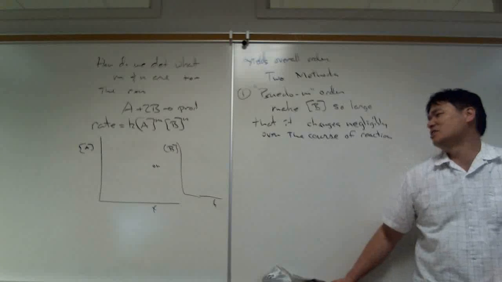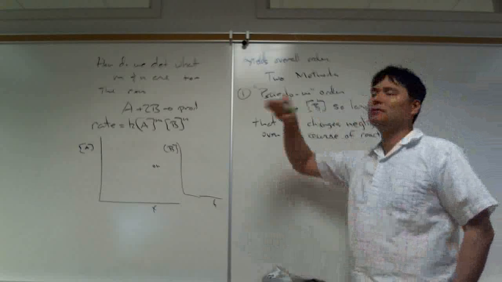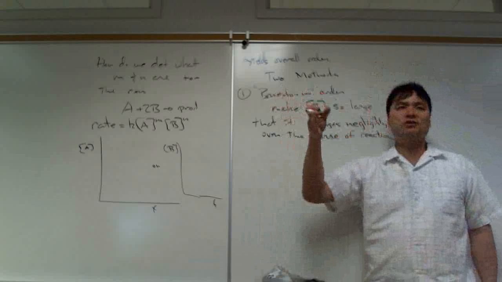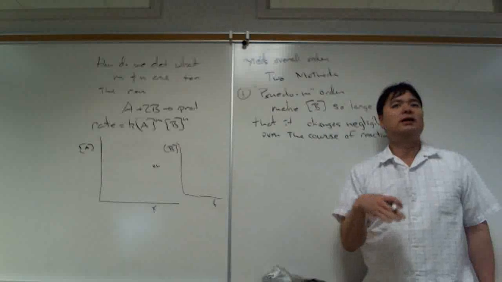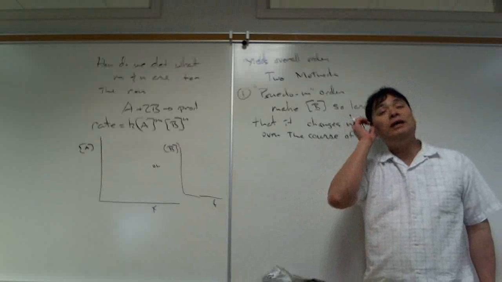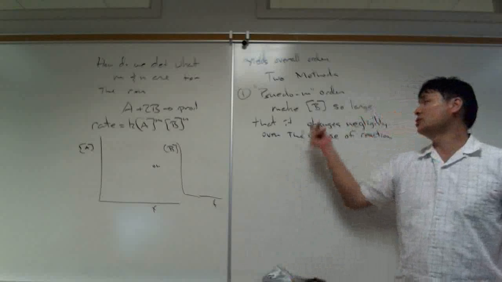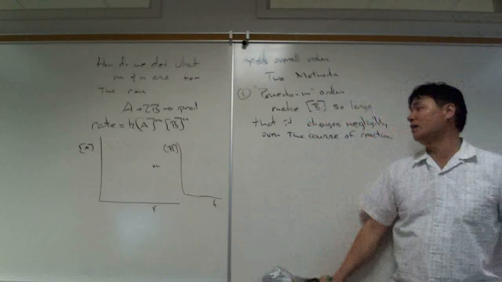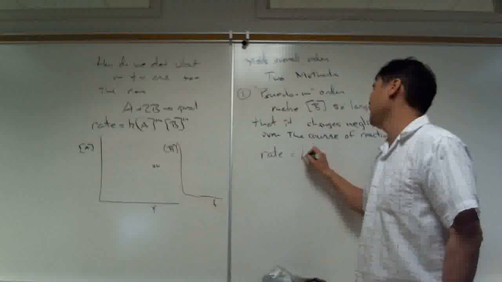No, just negligibly. And so what we do is we make B so big that at the start of the reaction we have a huge concentration. At the end of the reaction we have a huge concentration. And so this way we eliminate the impact that the change in concentration of B would have. And so the rate should depend on both A and B.